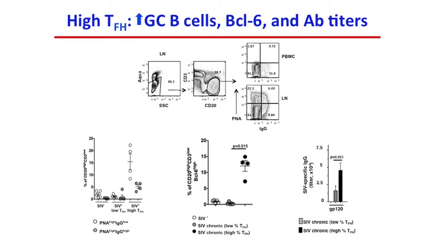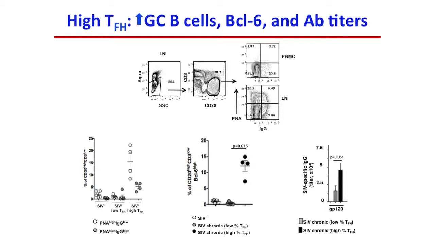In addition, when you get a lot of T follicular helper cells, you should also get a lot of B cells, and that's exactly what happens. So we can evaluate in these SIV-infected monkeys their B cells in the lymph node. You can look at germinal center B cells by looking at their ability to bind peanut agglutinin, and what you see is that there are B cells that do this within the lymph node, not in the peripheral blood.